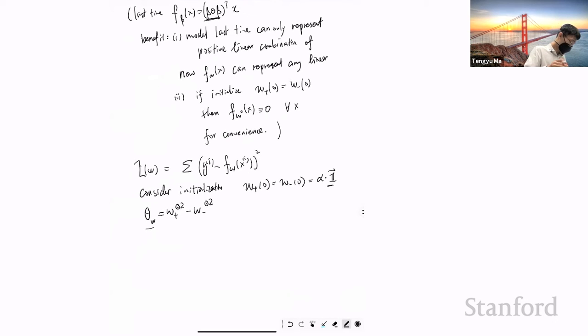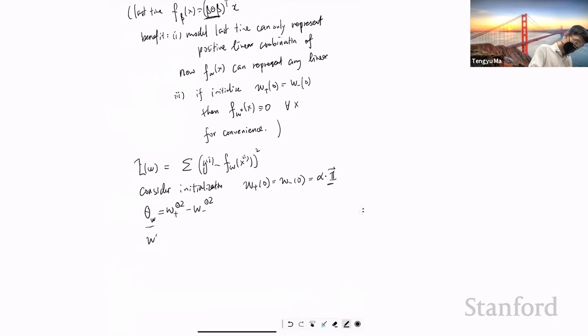So let's define W infinity to be the limit as time goes to infinity. This is where the gradient flow converges to, and let theta sub alpha infinity, and I think sometimes we just call this.